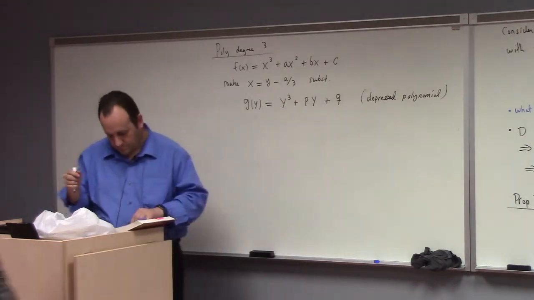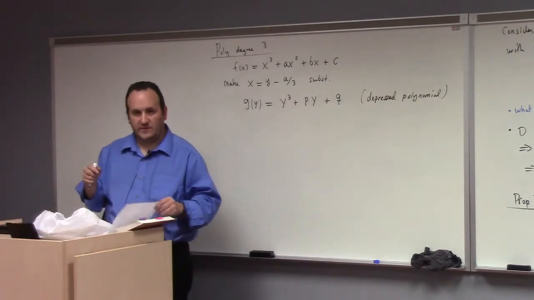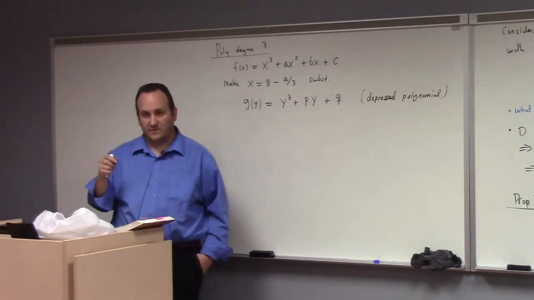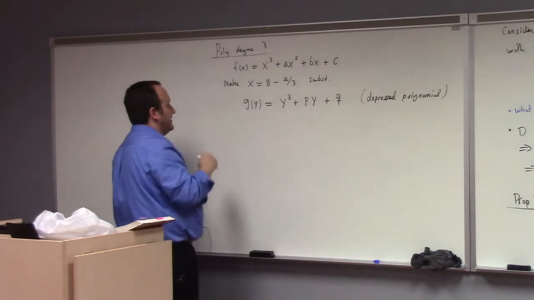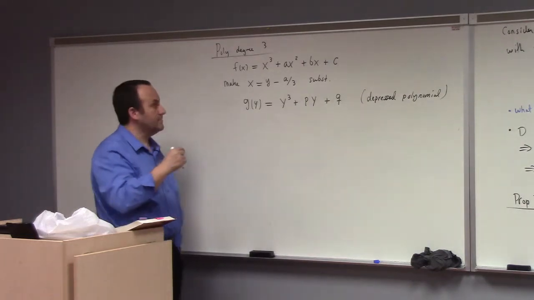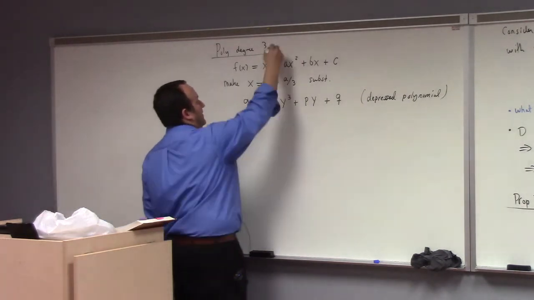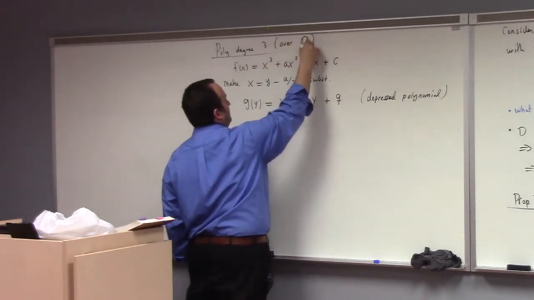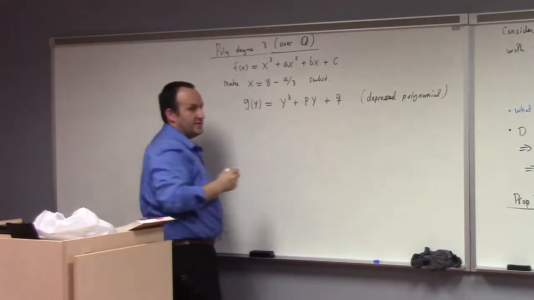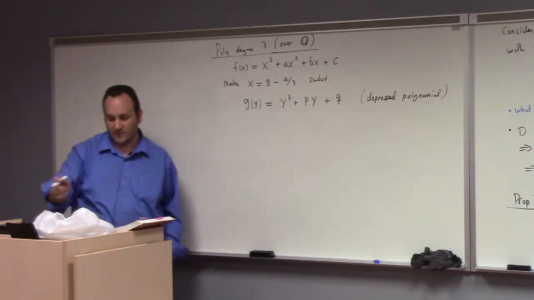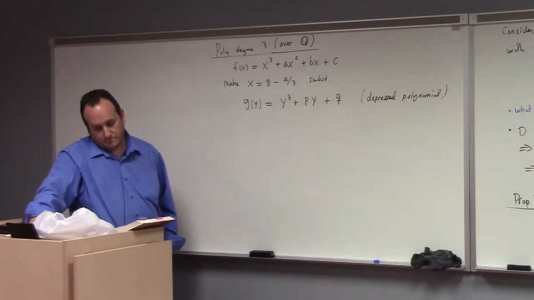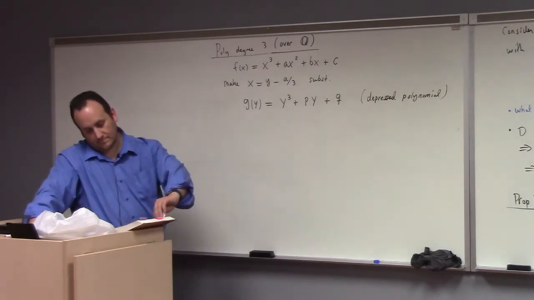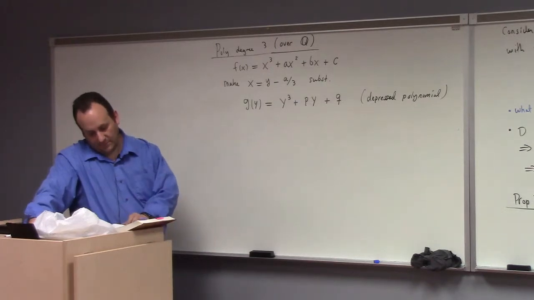And why would f of x and g of y have the same splitting field? And by the way, we're just assuming we're over the rationals for the sake of specificity here, guys. I'm going to leave the discussion of finite fields behind us for the moment.